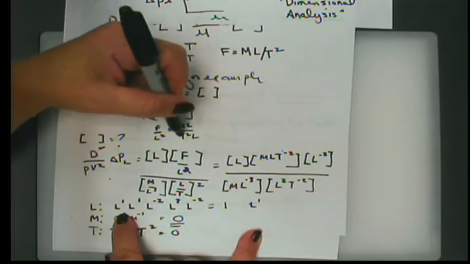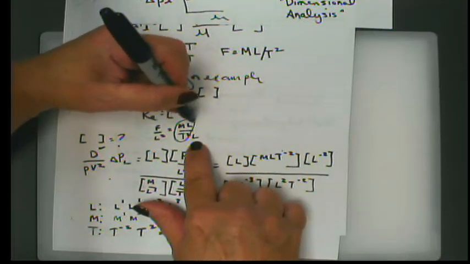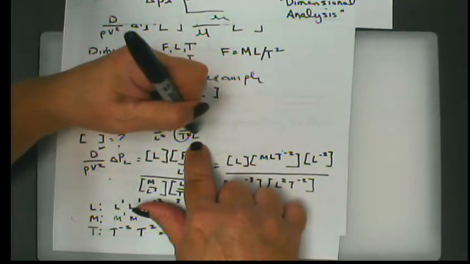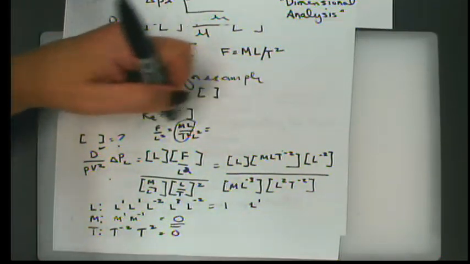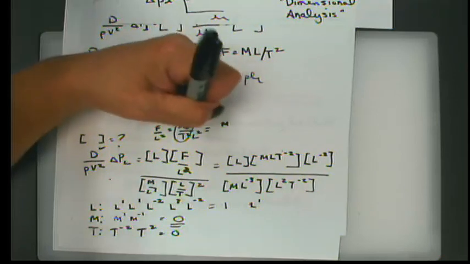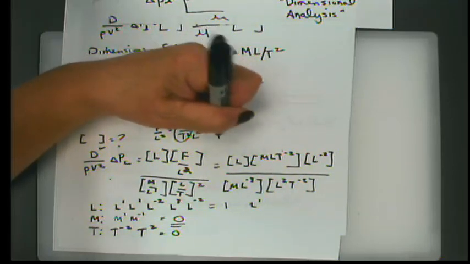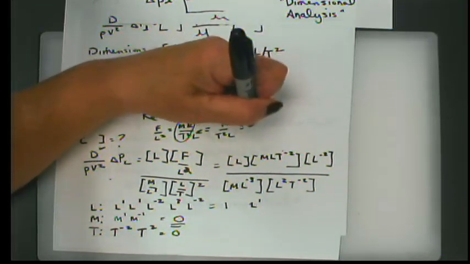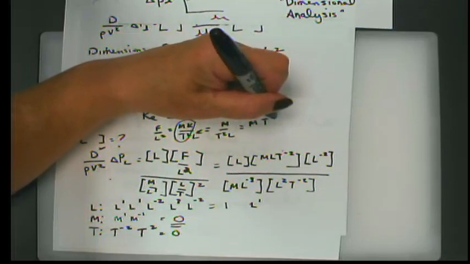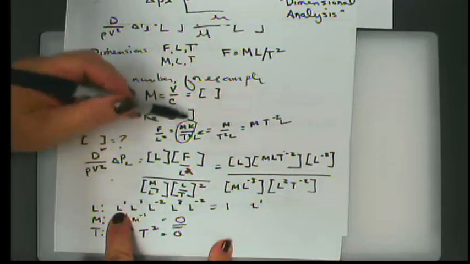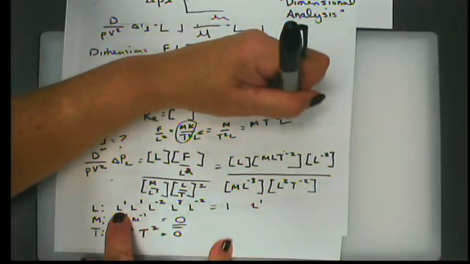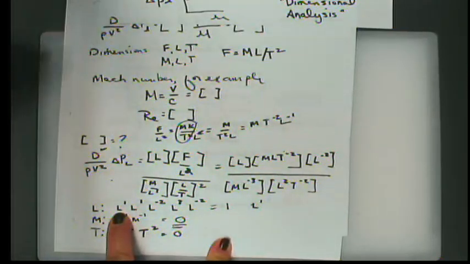This is my force unit, and then it's a pressure, so that's per length squared. Okay, so overall, force per length squared turns out to be mass per time squared length, which is mass T to the minus 2 L to the minus 1. There we go.